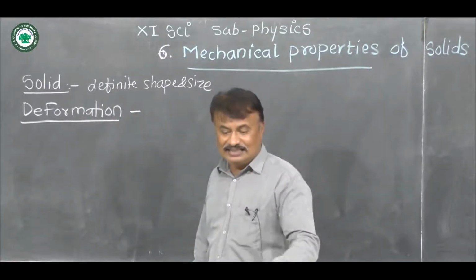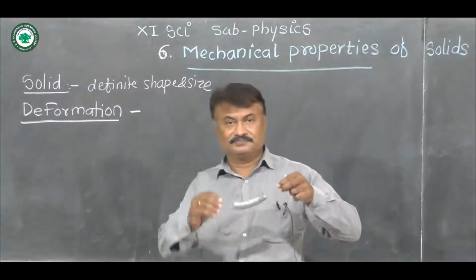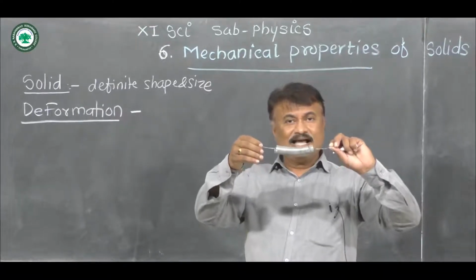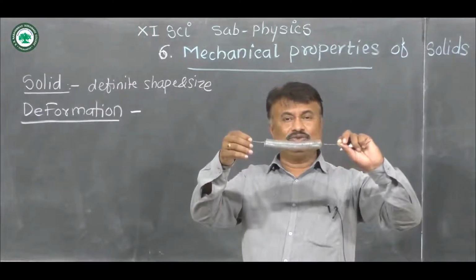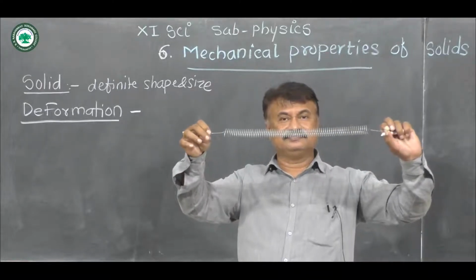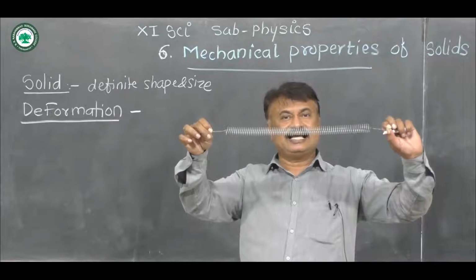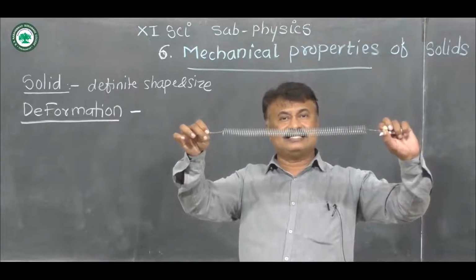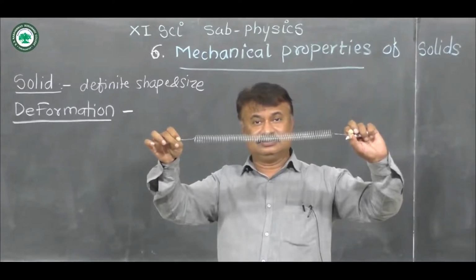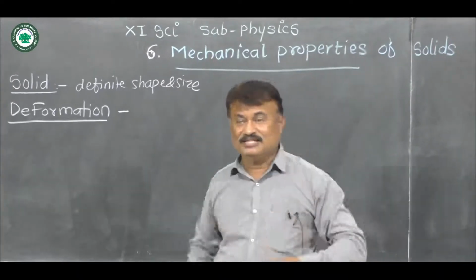So if we consider this spring, and apply a force on the two ends of the spring like this, there is a change in its shape and size. That is called deformation.